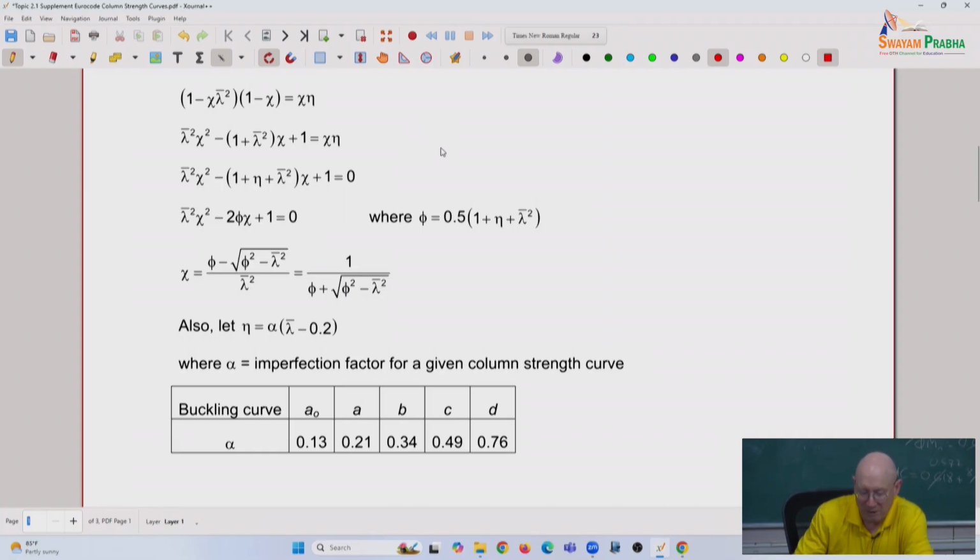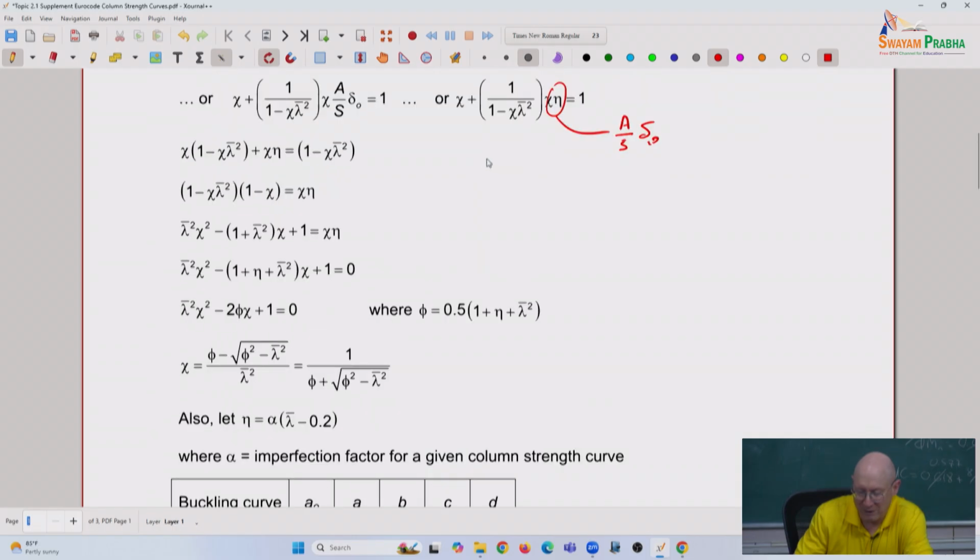Now, the only thing we need to think about here is that this is a very simplistic derivation, where eta would be just the ratio of area to the elastic section modulus times delta naught.